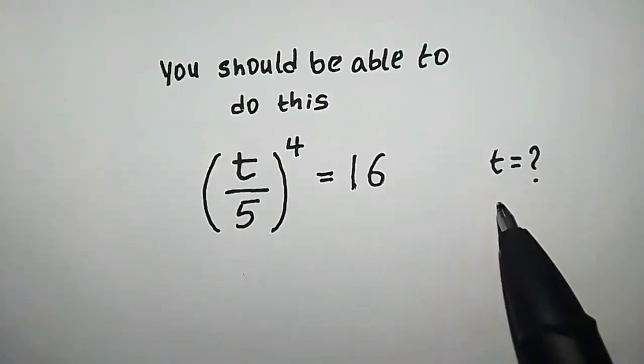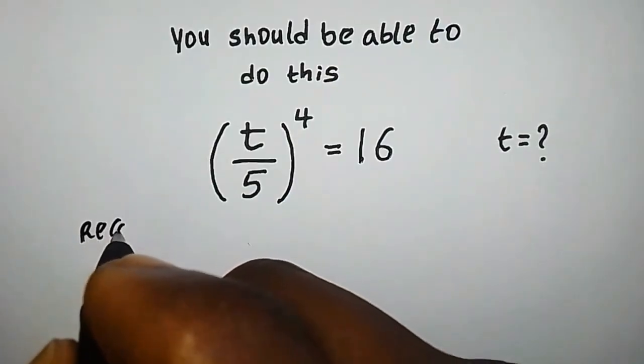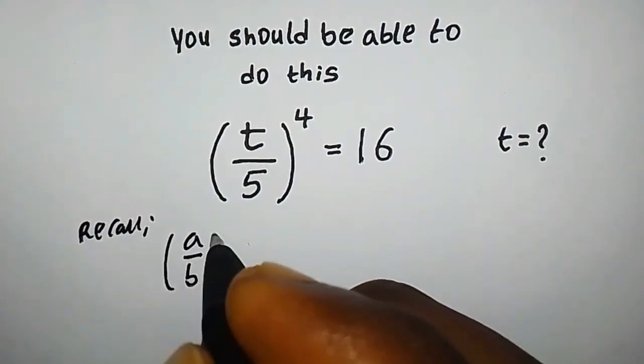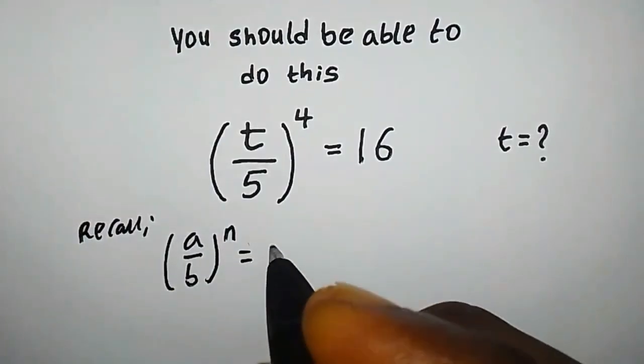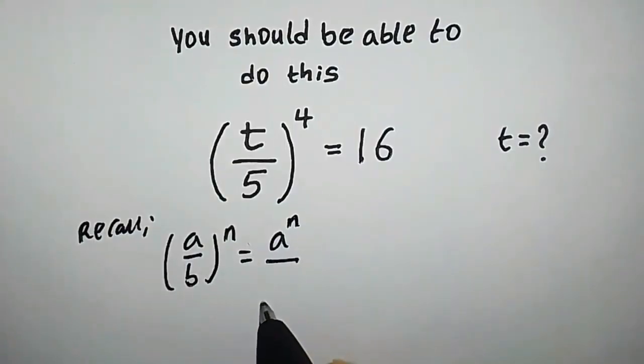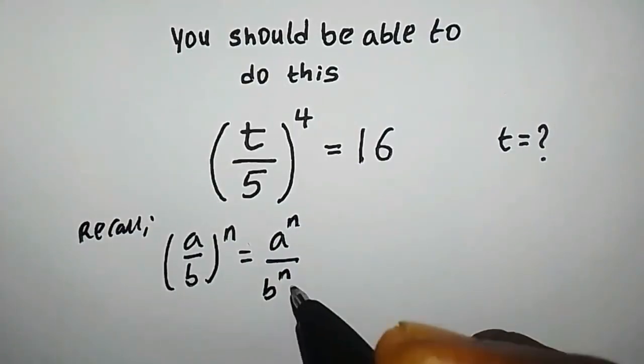How do we solve for t? Recall that (a/b)^n is equal to a^n divided by b^n.